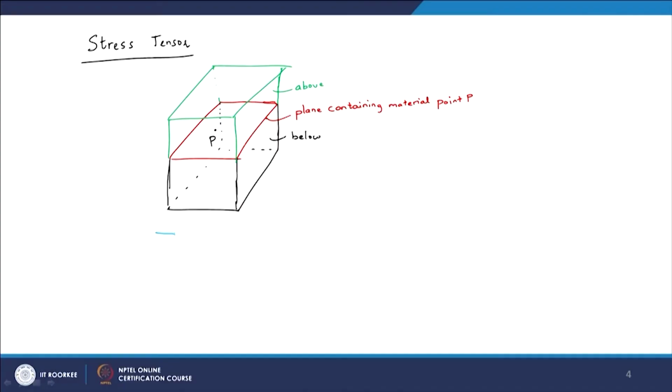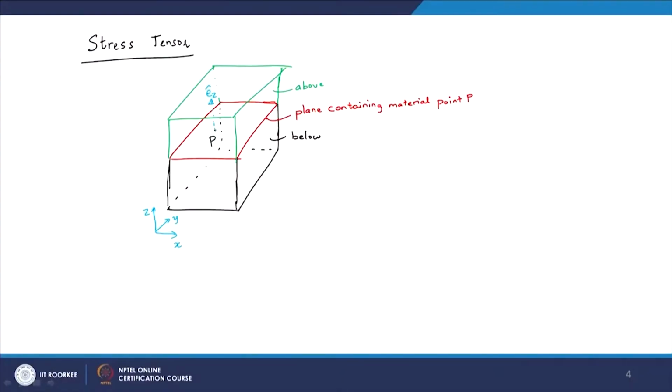So, now I can also define a coordinate axis. Let us use a different color. This is my x, this is my y, and this is my z. Okay. So, in the way we have drawn, the normal to the plane is Ez, and for that particular plane we may have a certain net force acting on that plane that I refer to as dFz, that is the net force.